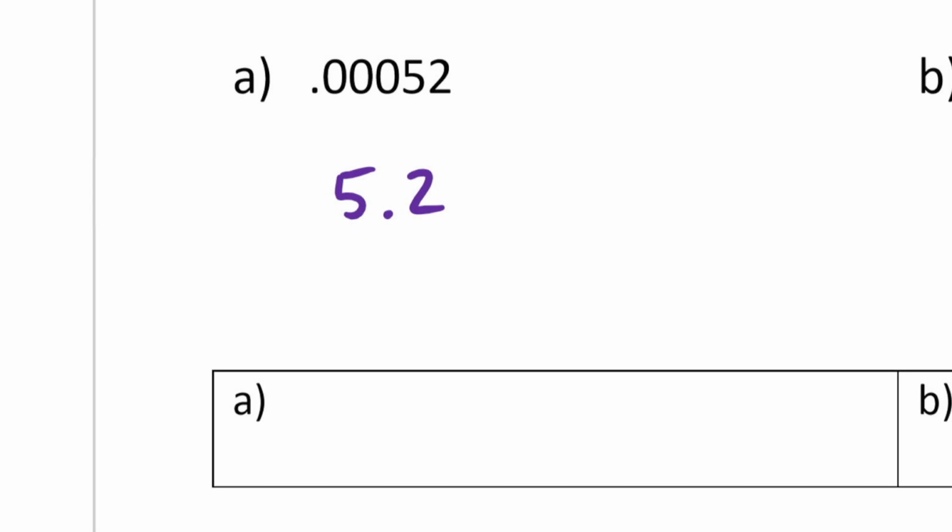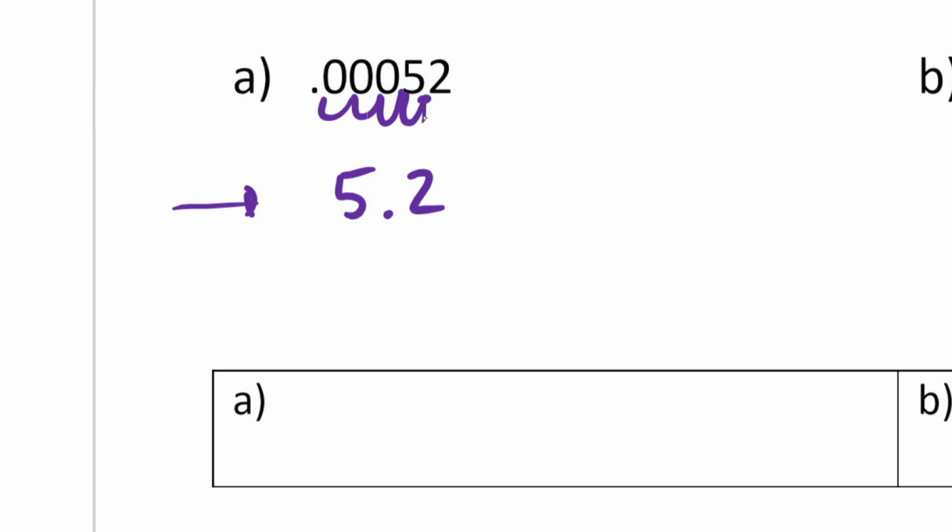So this is 5.2. That's not the number I have above, is it? No, it's clearly not. So I have to take this number and divide. If my decimal's here, I have to divide by 10s to make it smaller. If I divide 5.2 by 10, it's here. Another 10, another 10, and another 10.